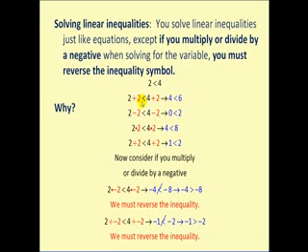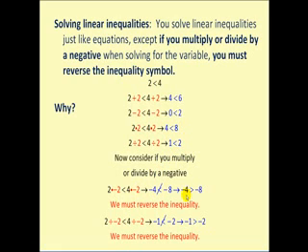Essentially what I've shown here is if you add a positive number or subtract a positive number from both sides of an inequality, it's still a true statement. If you multiply by a positive or divide by a positive, the resulting inequality is still true. However, if now we change it and multiply by a negative on both sides, we get a false statement.